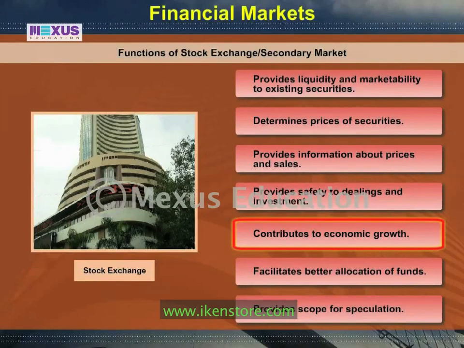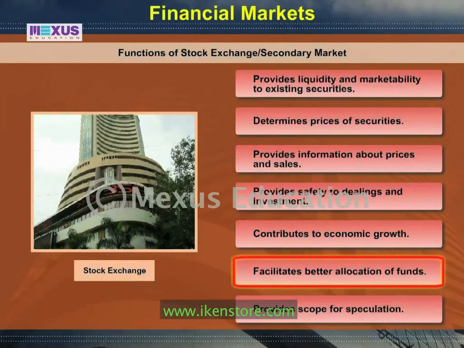5. A stock exchange market channelizes savings into the most productive investment avenues as the brokers resell or trade their securities as and when required. This leads to capital formation and economic growth in an economy. 6.